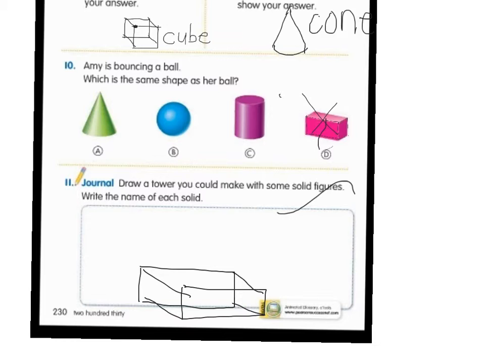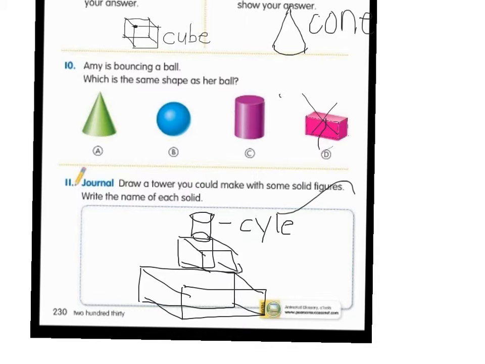Okay, and then maybe I would draw a cube on top of that. And then on top of that, maybe I would draw a cylinder. So then I need to label all of them.